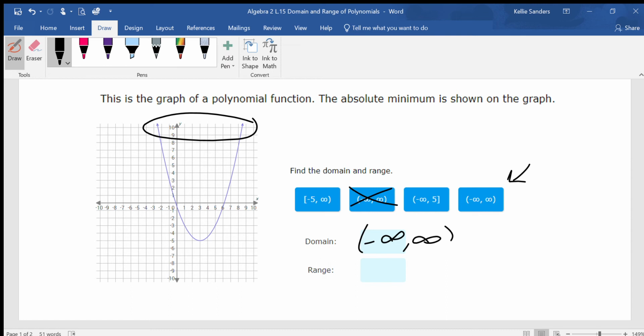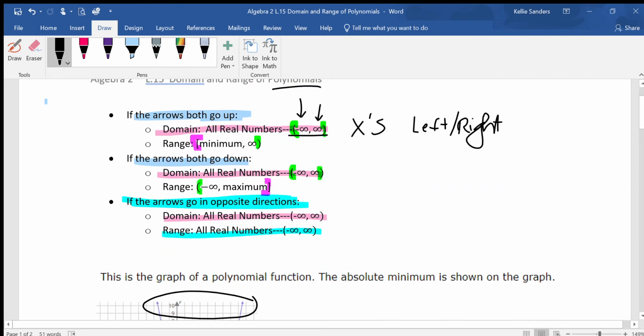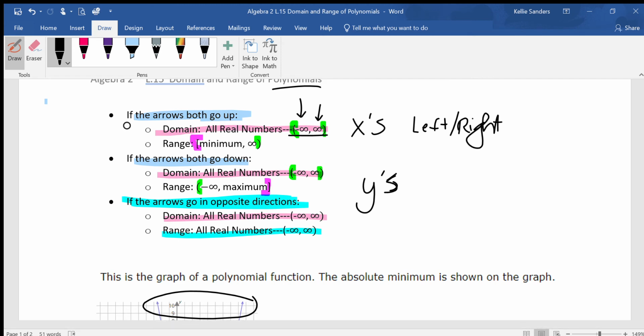Now, the range. I didn't really actually explain what a range is. The range is what your y's are. Once you put your x into the problem, what kind of answers are you going to get out? Sometimes you don't get a number whenever you plug a number in.